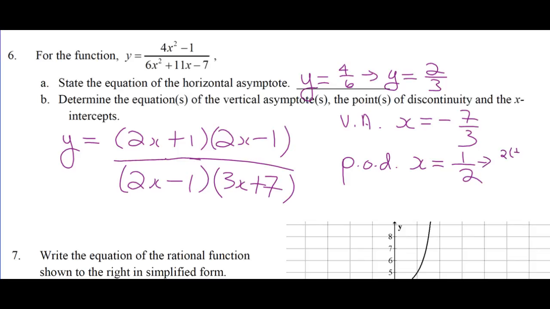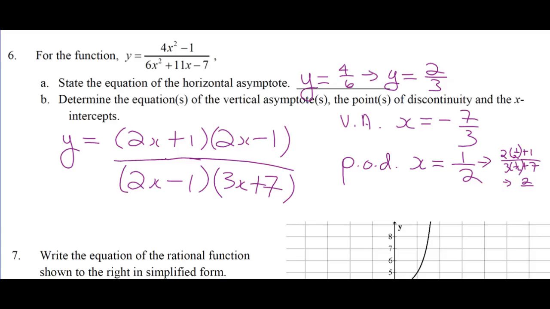So 2 times a half plus 1 over 3 times a half plus 7. Okay, so what I'm going to do is get rid of these two factors and put a half into here and here. Ending up with 2 times a half is 1, plus 1 is 2.